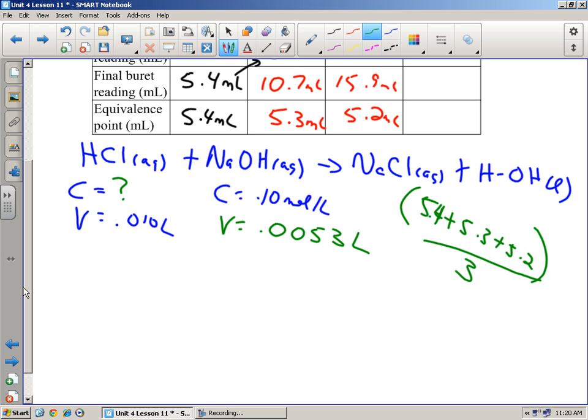Okay? Now, why does the volume go there? Well, 2 reasons. First of all, I already have a volume here. 10 milliliters, right? That's the acid. So, makes sense. Where do I got to put the other volume? Well, here. It has to go here. Where else is it going to go? And think about it this way. Look, if this is my aliquot down here and that's 10 milliliters of acid, what's up here? Sodium hydroxide, right?